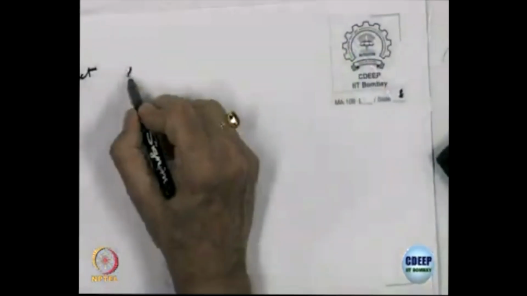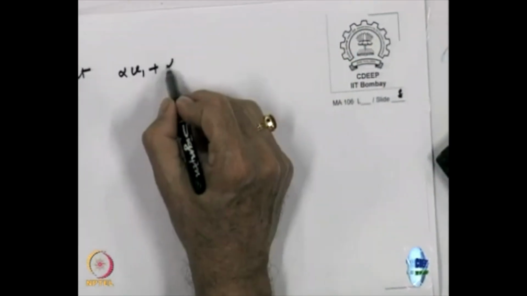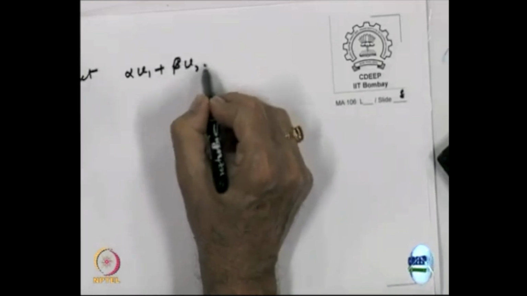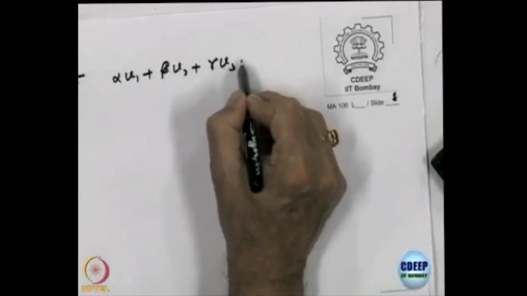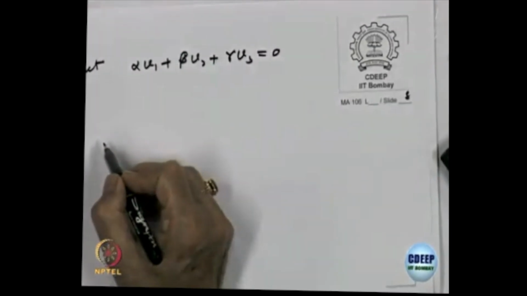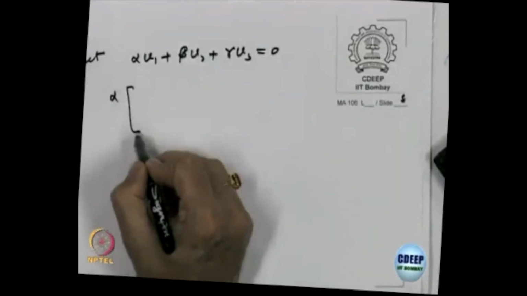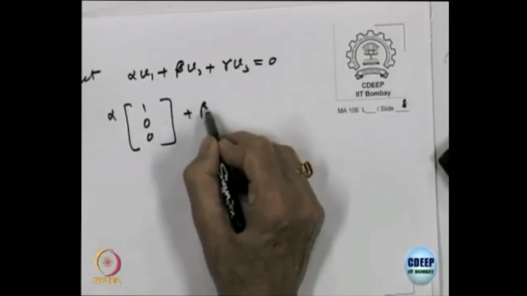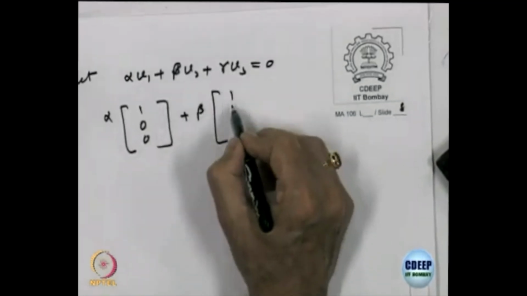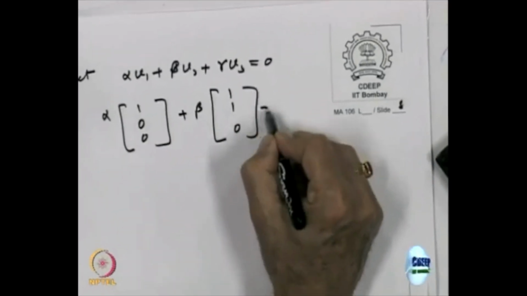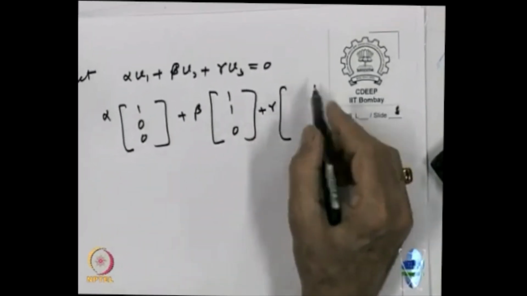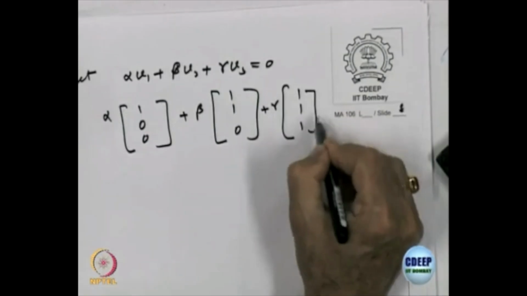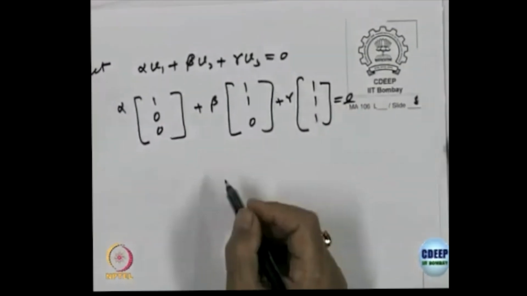So let alpha V1 plus beta V2 plus gamma V3 be equal to 0. So what does that mean? Alpha times (1, 0, 0) plus beta times (1, 1, 0) plus gamma times the third vector (1, 1, 1) is equal to 0.